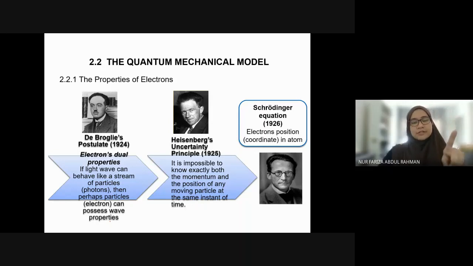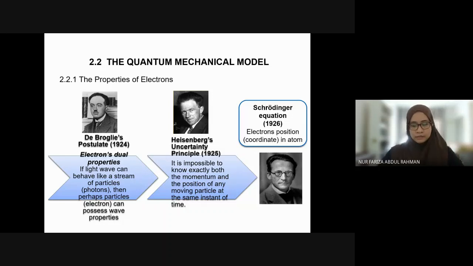So electron has dual properties: it can behave as a particle and also as a wave. This is based on the de Broglie postulate.